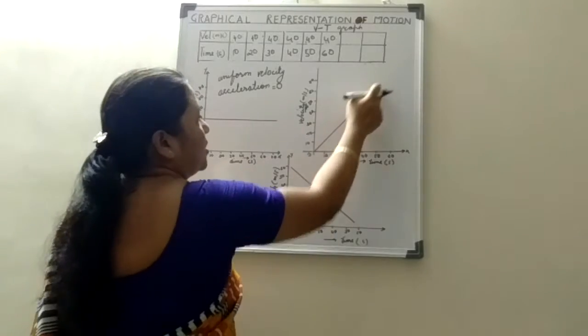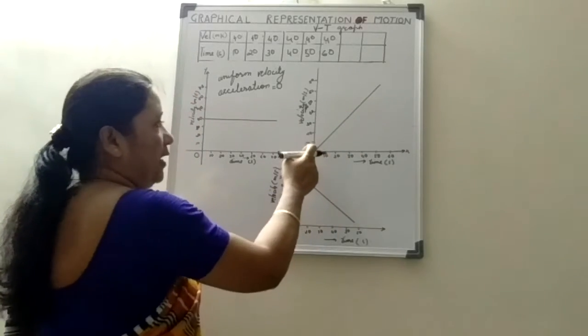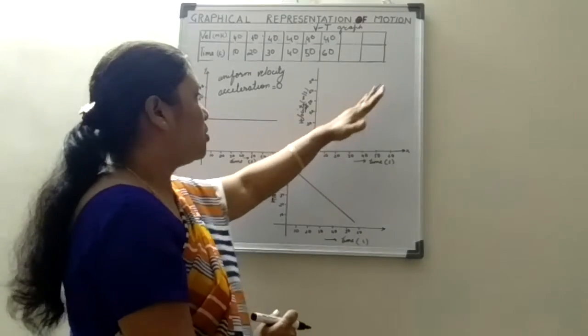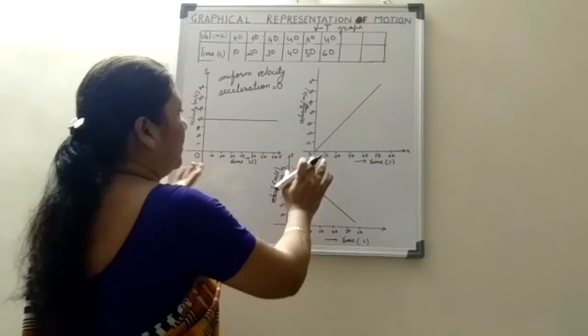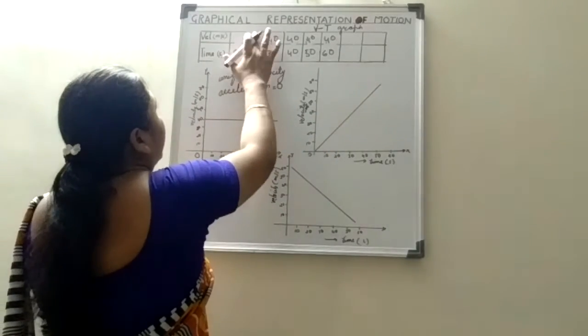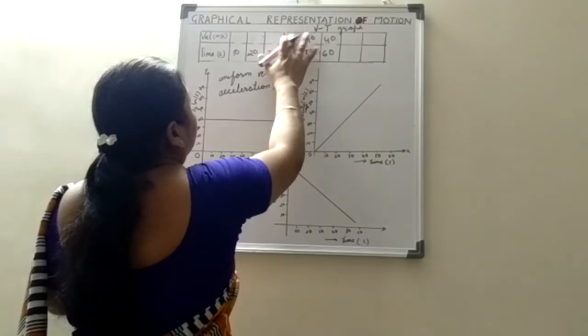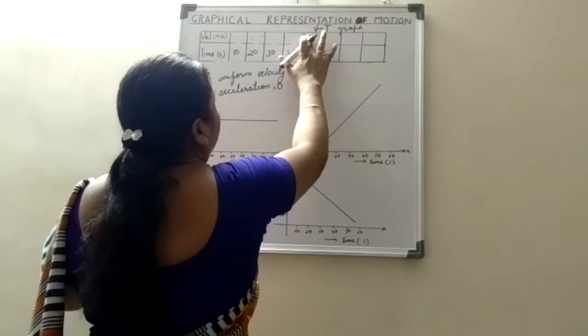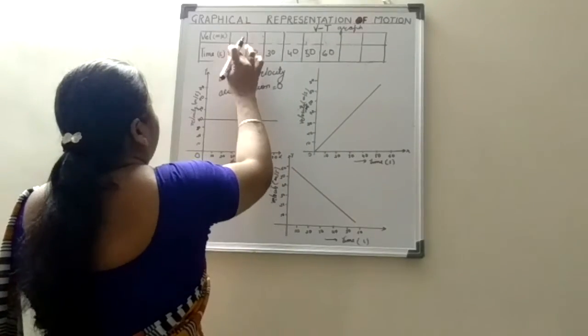Here there is a straight line. This is also a straight line, but the line is inclined to the surface. So from this graph, what can we predict? Suppose I change the data here.